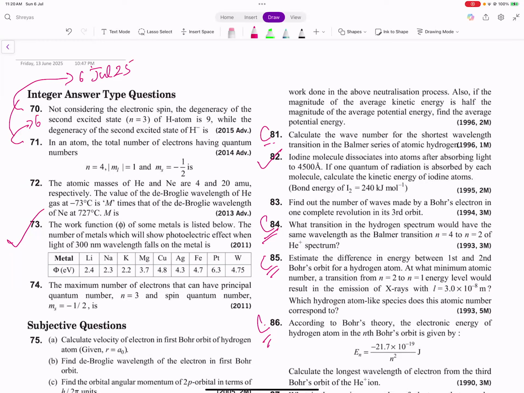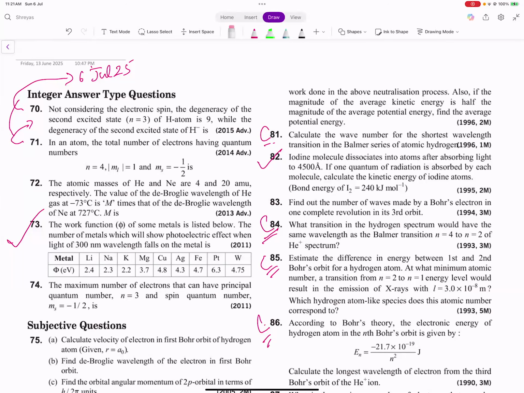Sir, what does degeneracy refer to? I just told you it is not what you think it is. Degenerate. Google it. Find it out. Calculate, find out yourself.